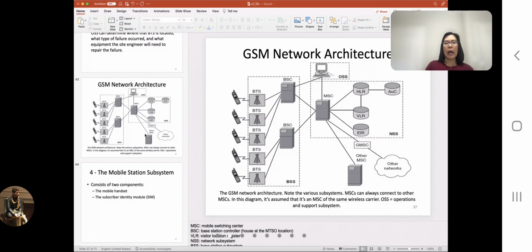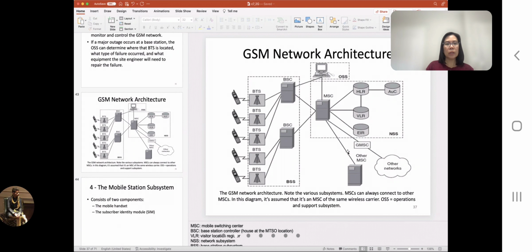Of course, the mobile switching center of this carrier can be connected to another mobile switching center of the same carrier or of another carrier, right? And then we have what we call a gateway mobile switching center.